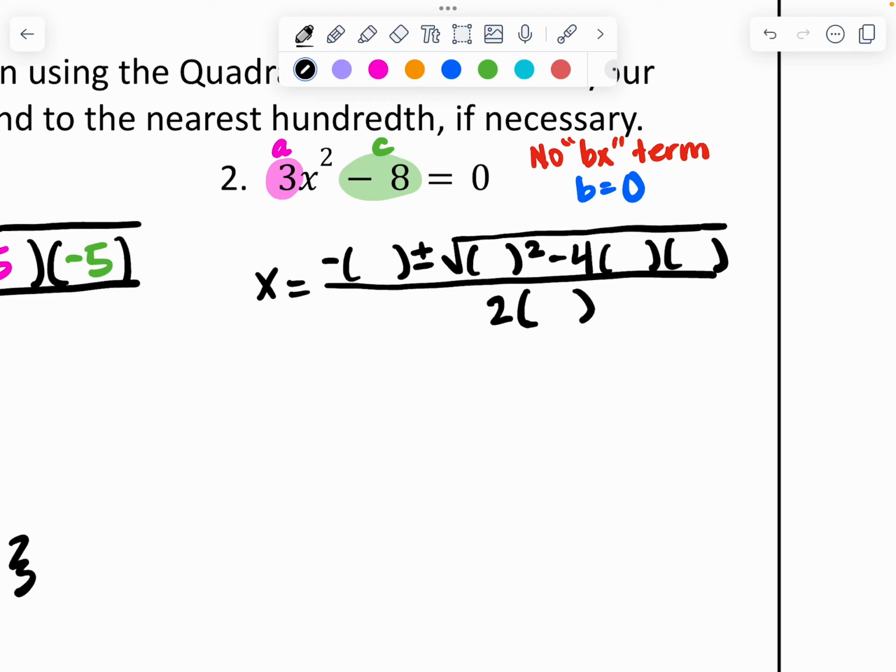Okay, so now plug in the values for a, b, and c. b is 0, 0, 3 and 3, and negative 8. Okay, so pause the video here while you plug all of that into your calculator twice. The first time using plus, and the second time using minus.